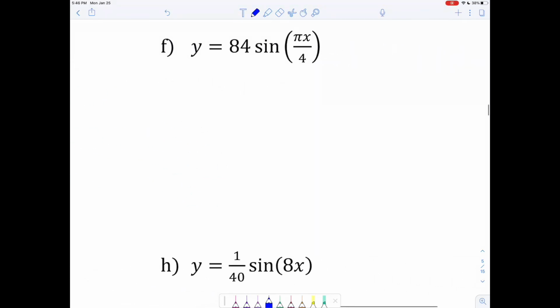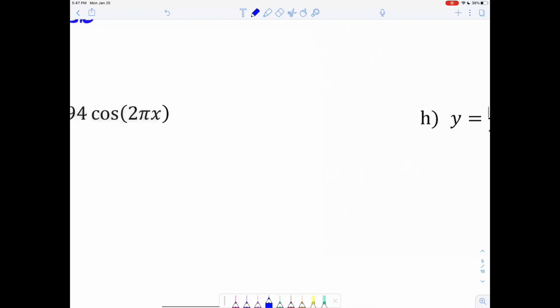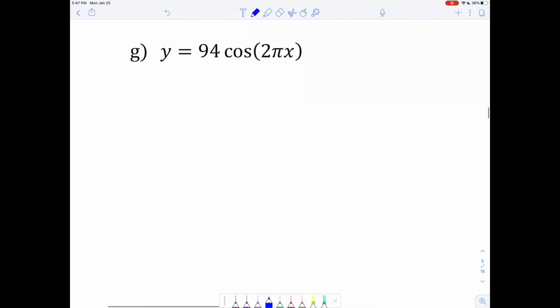Your amplitude is 84. The period is 2 pi divided by pi over 4. So the pi's cancel out. We just get 8. Just a couple more left. The amplitude is 94.